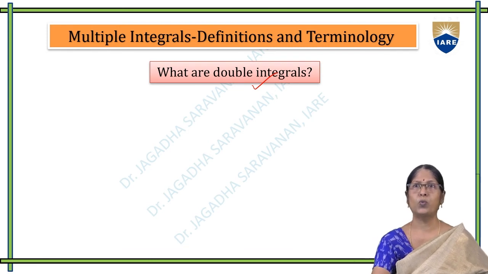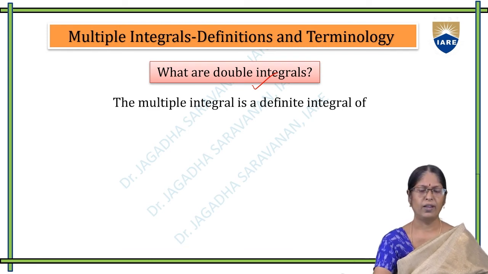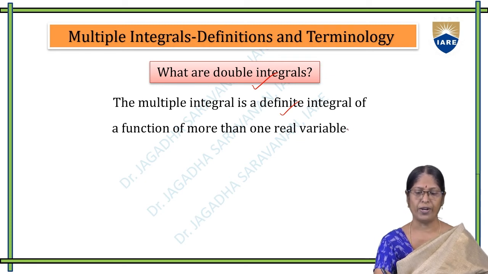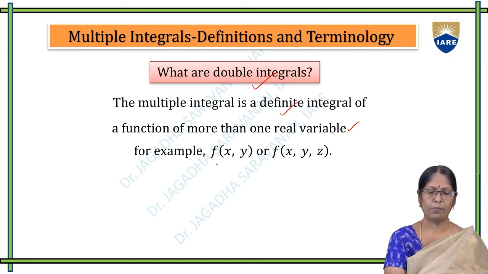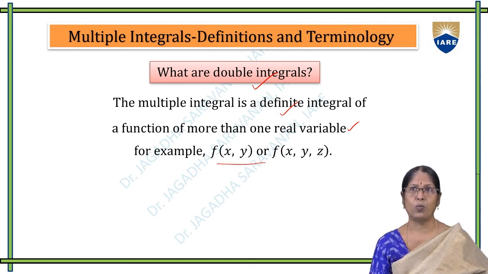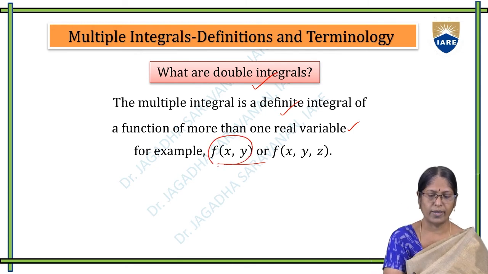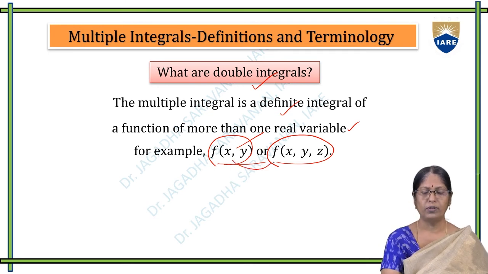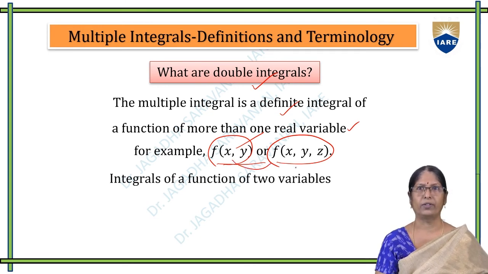The first one is, what are double integrals? A multiple integral is a definite integral of a function of more than one variable, that is, two variables. The example given here is f of x comma y. This is for double integral. This is for triple integral, both multiple integrals.